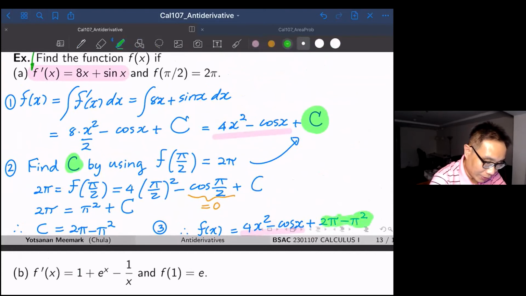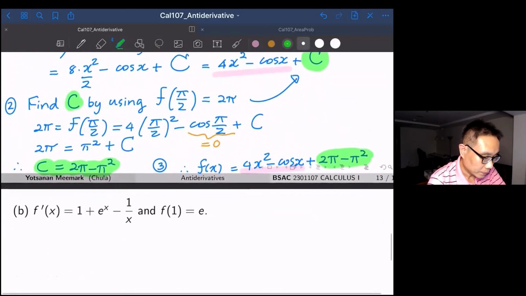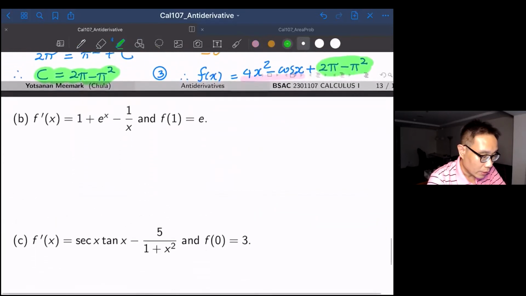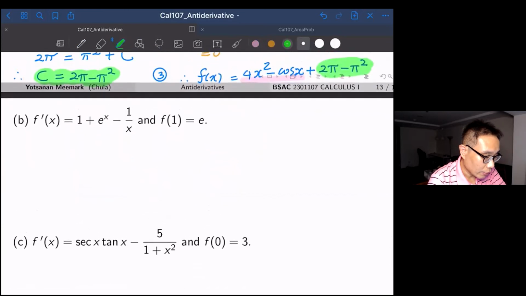So this one will be the thing that we have, and you have c equal to 2 pi minus pi squared. The second one, you have f prime x equal to 1 plus e to the x minus 1 over x, and f of 1 equal to e.